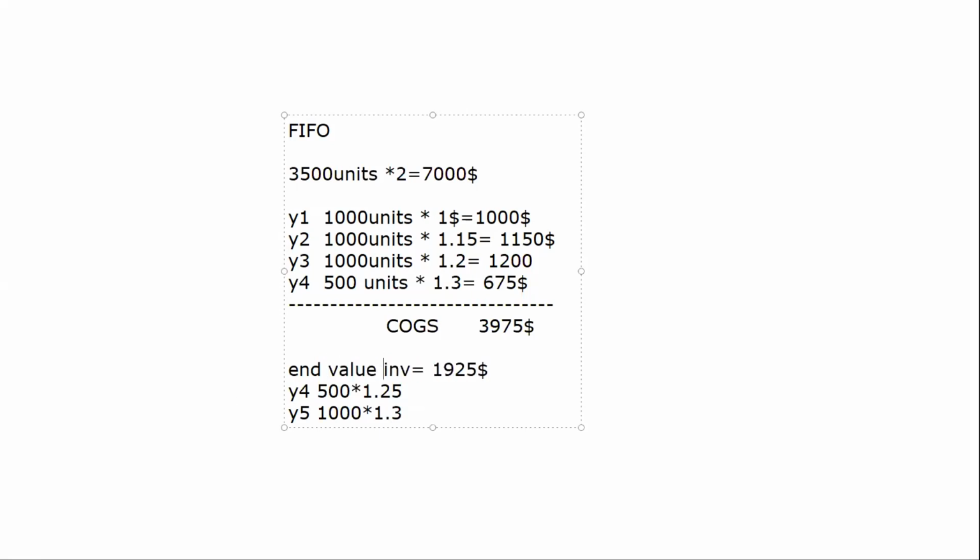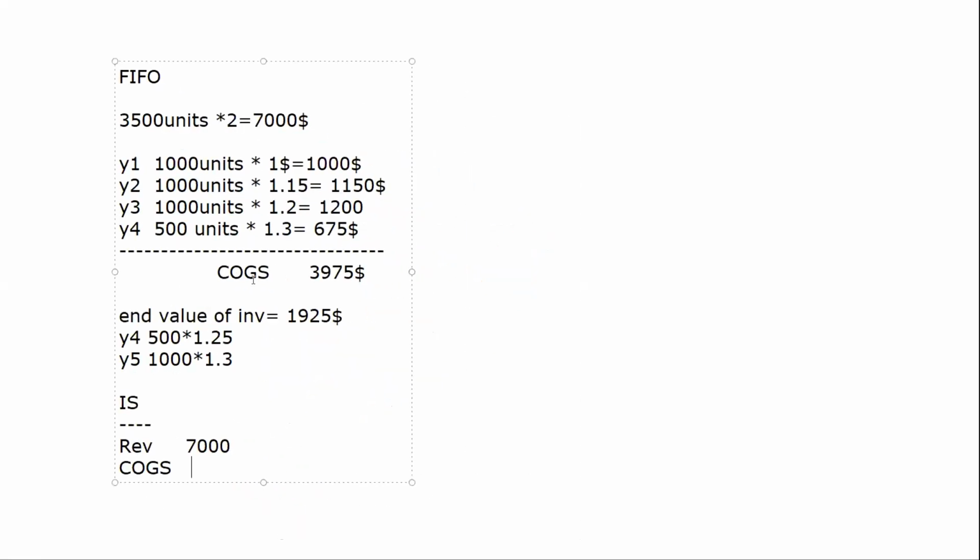Now, time came to construct the income statement. It is the revenue, which is 7,000, minus cost of goods sold, which is 3,975.